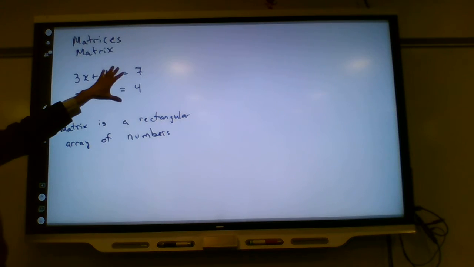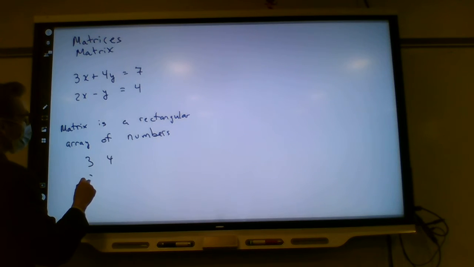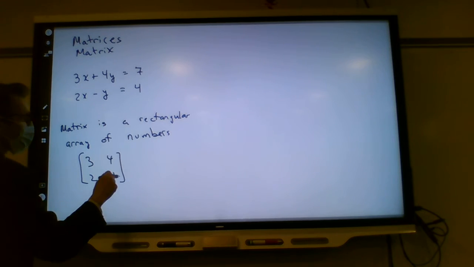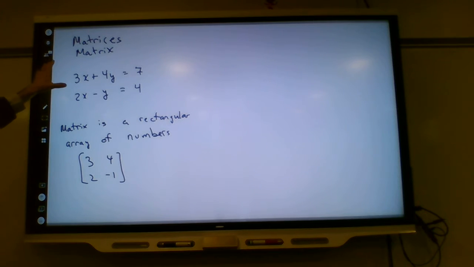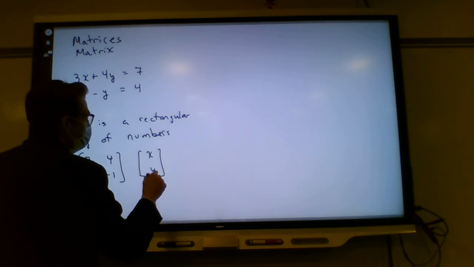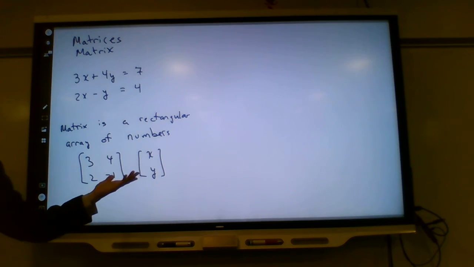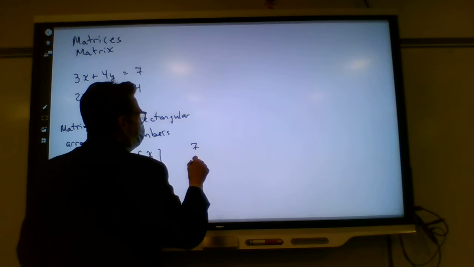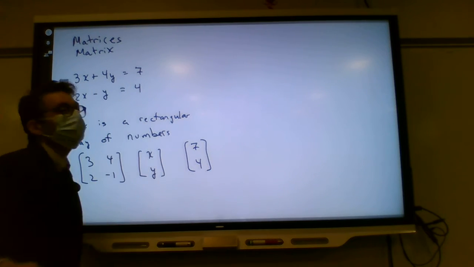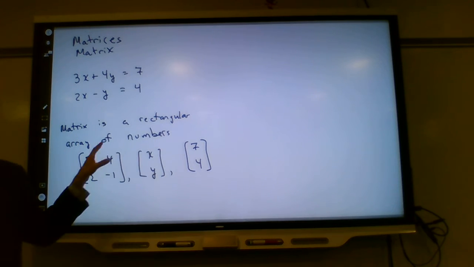And usually what happens in this context is we create a rectangular array that corresponds to the coefficients in that system. And then we create something that corresponds to the variables in that system. And then we create something that corresponds to the right-hand side of that system. And we deal with each of these pieces separately in different ways.